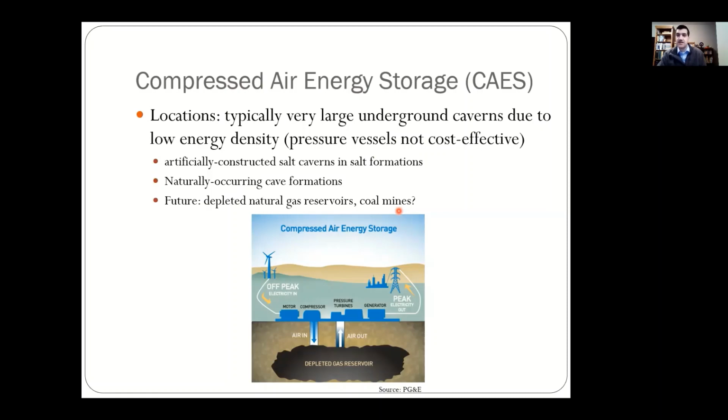The difficulty here, and I'll talk about pros and cons in a minute, but one big disadvantage is that the soil, ground and rock conditions need to be such that you're not going to get much leakage out of the system. A little bit of leakage might be okay, but if you get too much leakage, then obviously it's not going to work.